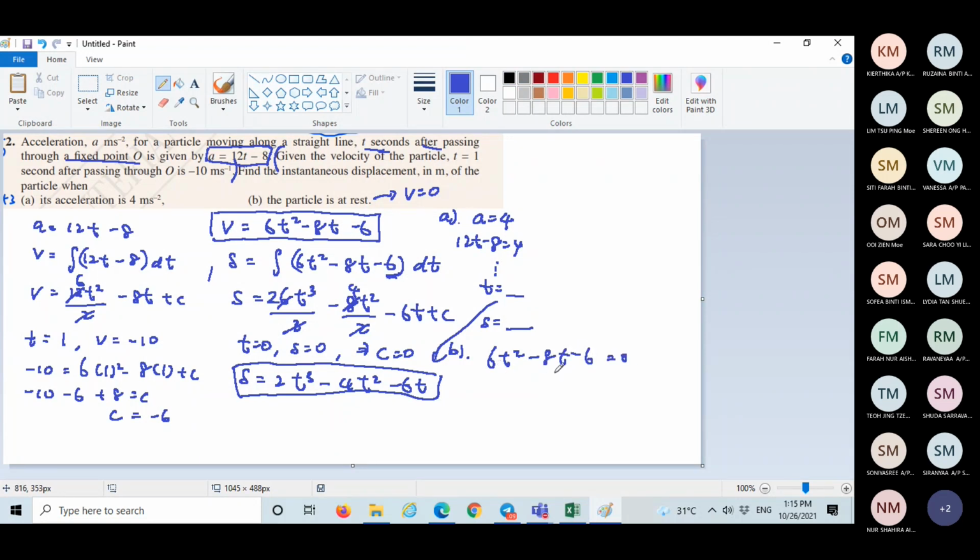Then I think this one can simplify. Divide by 2. Then do factorization to get the t value. Then after that, same thing, the t put inside the s function to get the s. Because the question asking find the instantaneous displacement. So your final answer is s. Okay, so this is for question number 2.